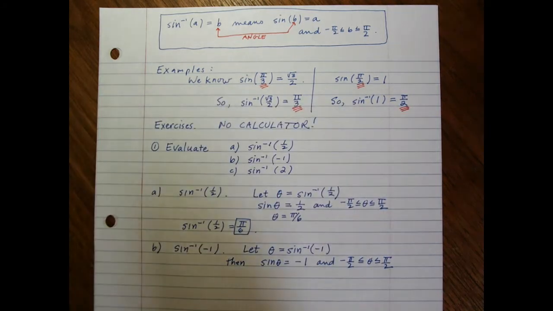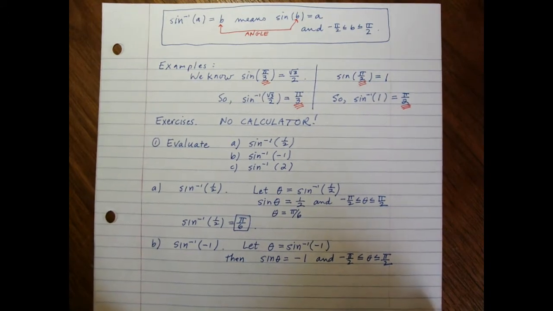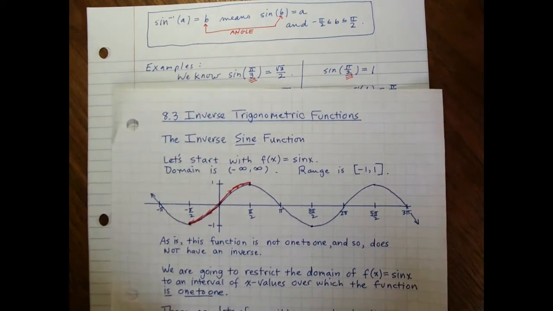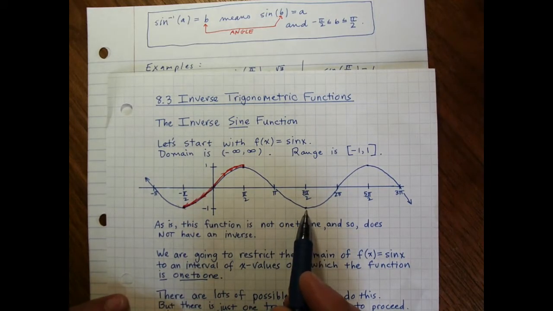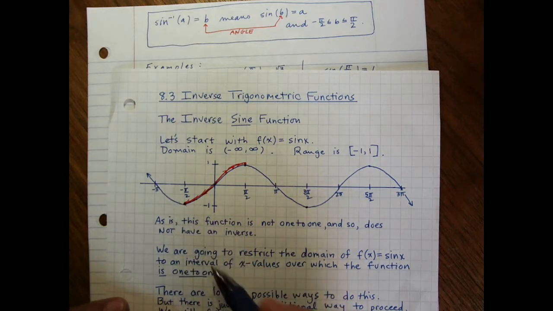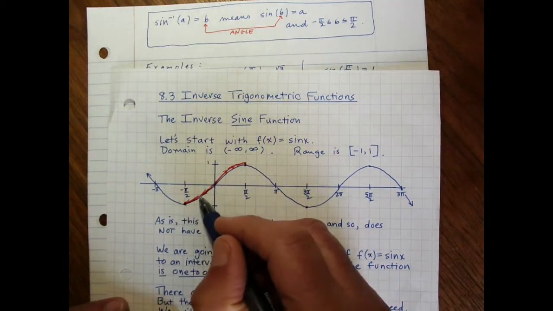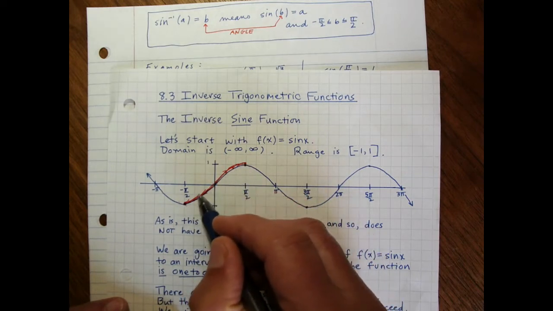But when we apply the inverse sine function, we have to find a value of theta that falls in the restricted interval. So going back to my sine wave picture that we used for the definition, when I'm looking for the theta value, I have to look along this portion of the sine wave, the restricted portion that we use to define the inverse sine.